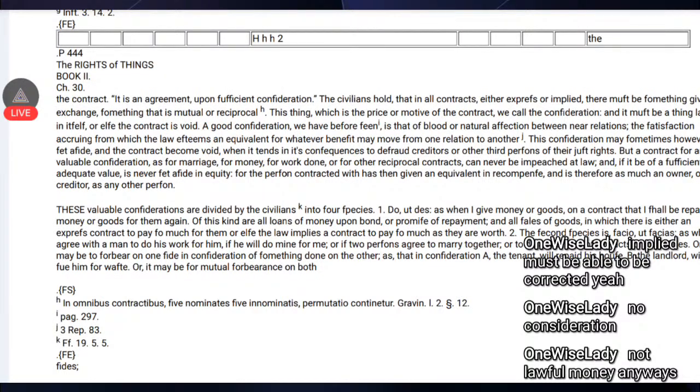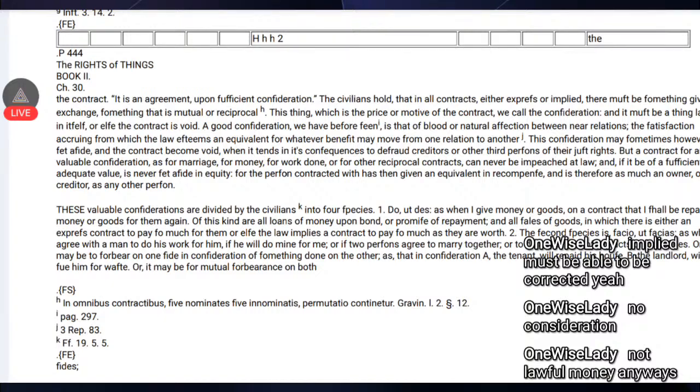But a contract for any valuable consideration, as for marriage, for money, for work done, or for other reciprocal contracts, can never be impeached at law, and if it be of sufficient adequate value, is never set aside in equity, for the person contracted with has then given an equivalent in recompense, and is therefore as much an owner or a creditor as any other person.